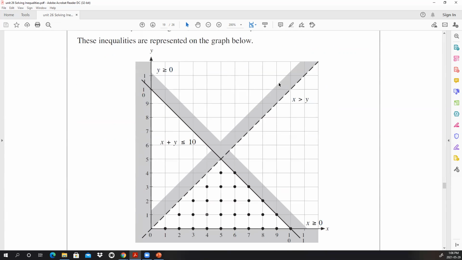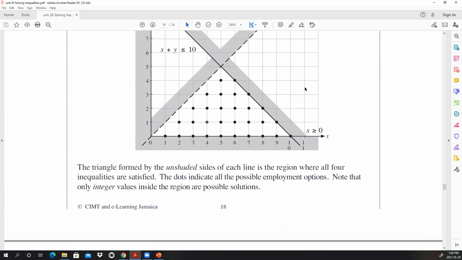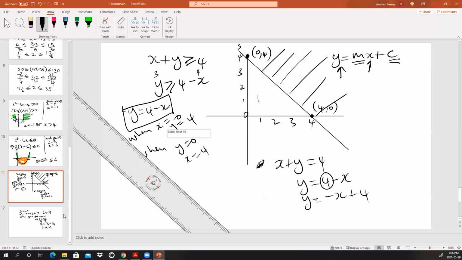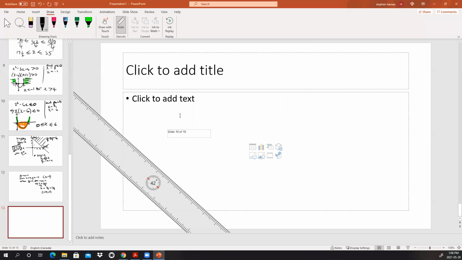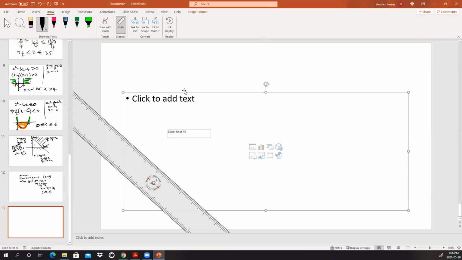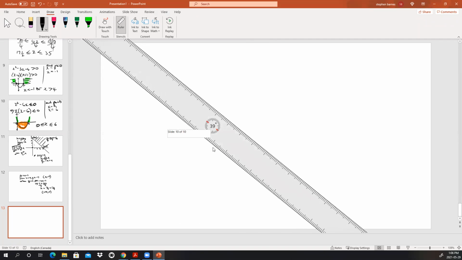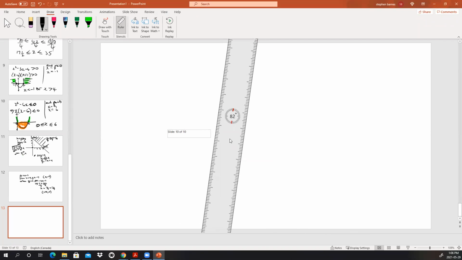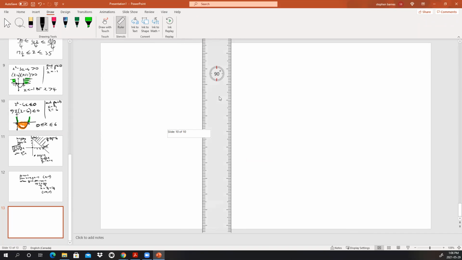All right. So this is the answer right here now, but if we were to look at it on our own, let's get rid of these. So we draw something. All right, let's try this out.